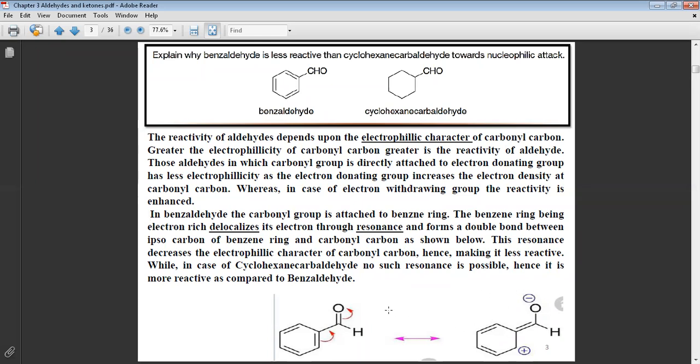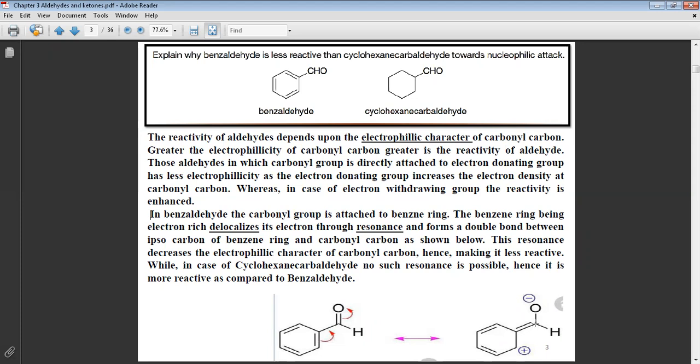Look, before that, this carbon is partially positive. Before that, here the carbon, no, it is not partially positive. It will be equal. The partial positive charge is removed into the benzene ring. That means before that we have a partial positive, but because of the resonance effect, the partial charge disappeared. That means this carbon is now unreactive toward the nucleophilic reaction.